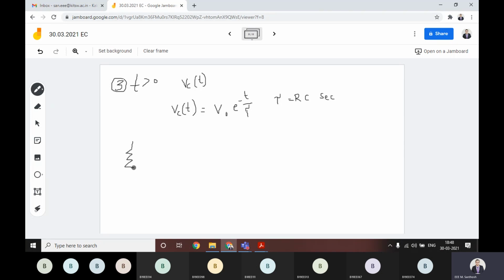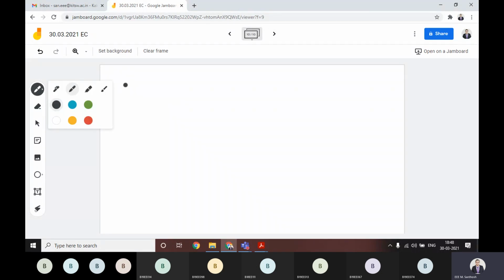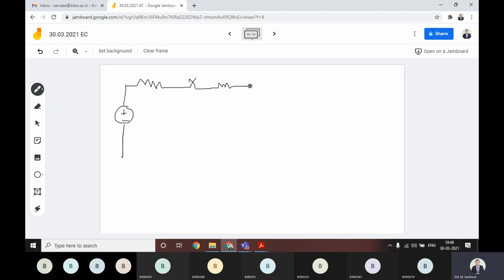There is a voltage source, and there is a resistor, and here is the switch. Initially it is connected, you can imagine that way, or it is not connected.